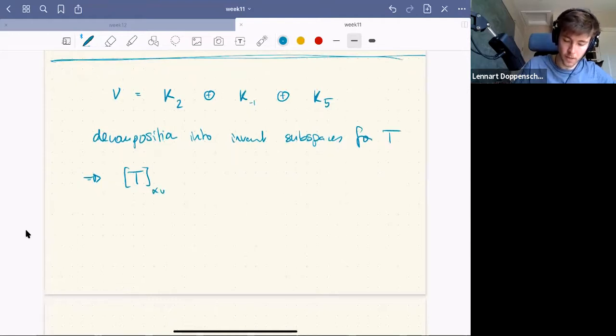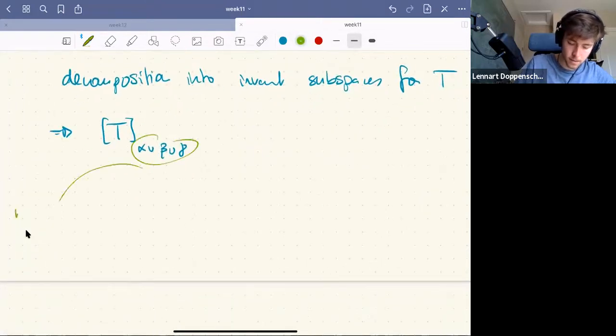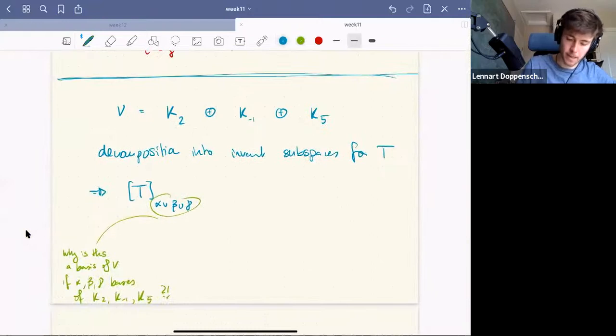So if we now take a union of alpha, beta, and gamma, then there's a discussion to be made about why this is a basis of V if alpha, beta, gamma are bases of K2, K-1, and K5. But I'm not going to focus on this right now, because I think I've mentioned this before, and it's worth another discussion.